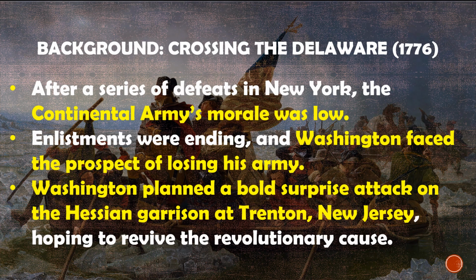Specifically, Washington and his men were stationed in Pennsylvania, and they would have to cross the Delaware River to get into Trenton. This event is known as Washington crossing the Delaware, a very significant event within the American Revolution. You have probably heard of this event before, and seen photos of it.